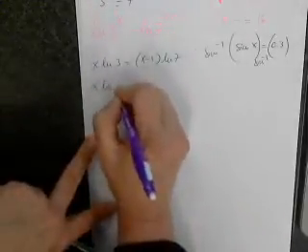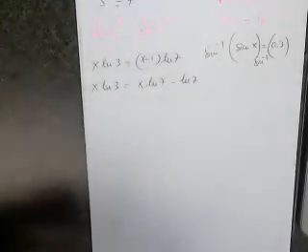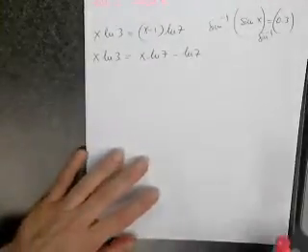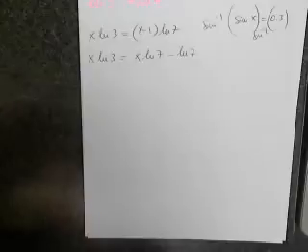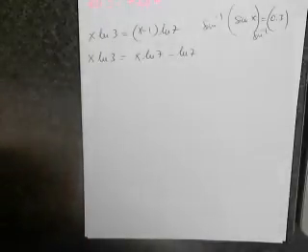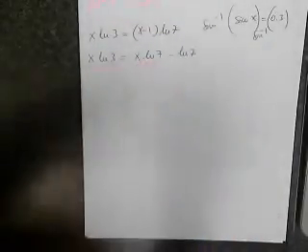So then x natural log 3 equals x natural log 7 minus natural log 7. So natural log 3 and natural log 7, I know they look fantastic, but they're just numbers. They look sophisticated and so on, but they're just numbers.